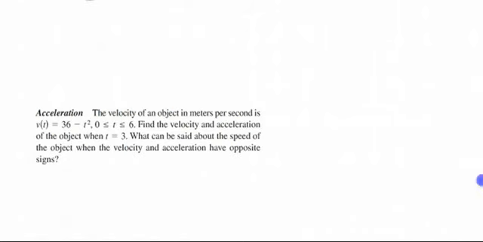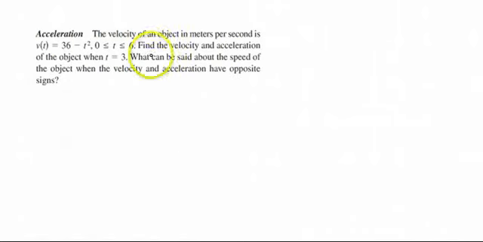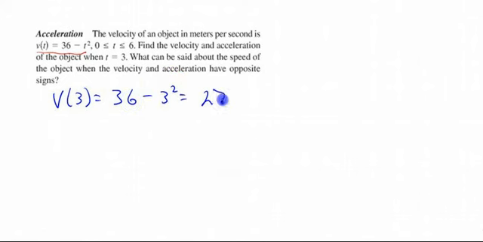So let's take a look at a problem here. The velocity of an object is this function right here. We're supposed to find the velocity and acceleration when t equals 3. Okay, so v of 3 is 36 minus 3 squared, which is 27, and that's in meters per second. a of 3 is going to be the derivative of v.